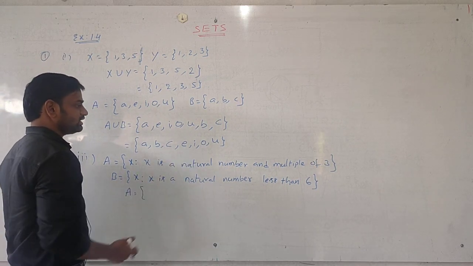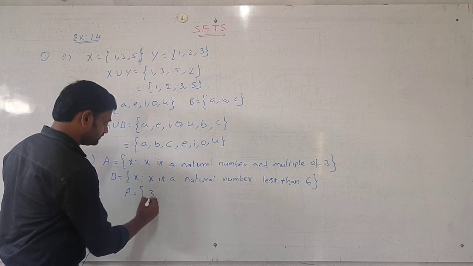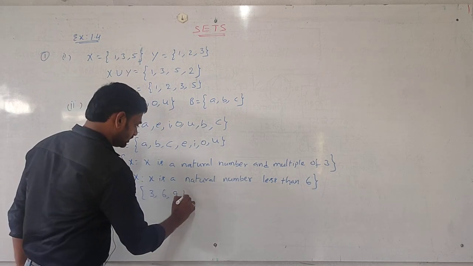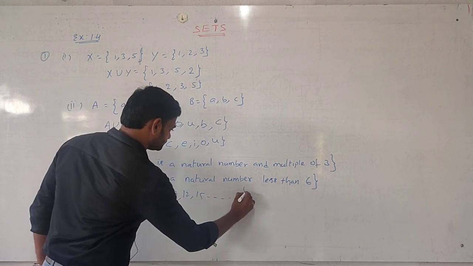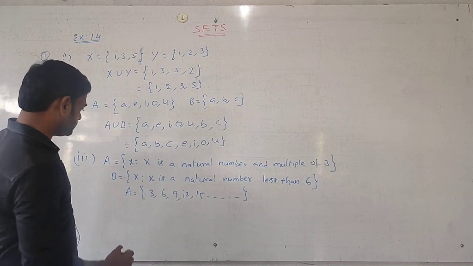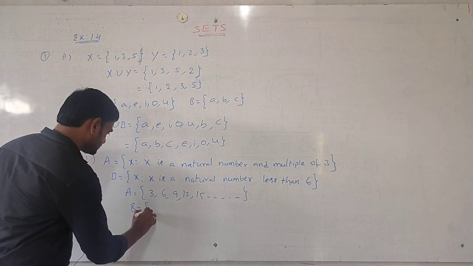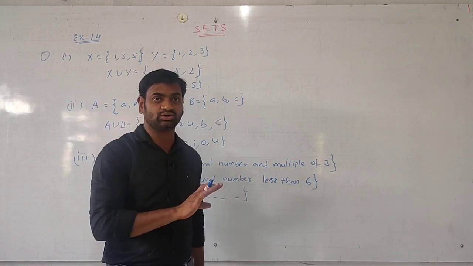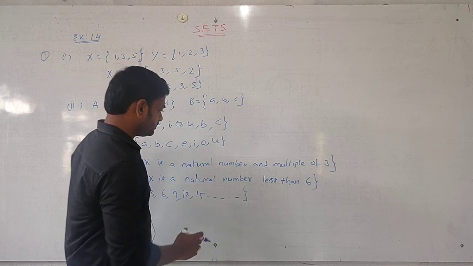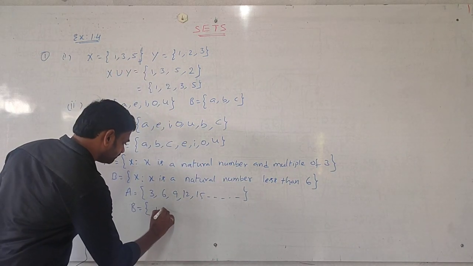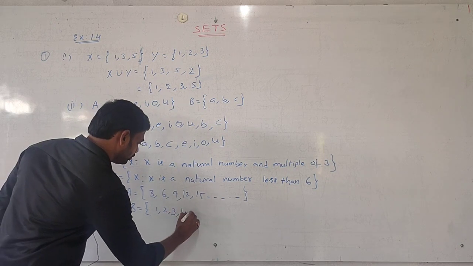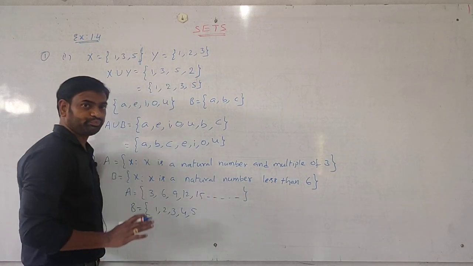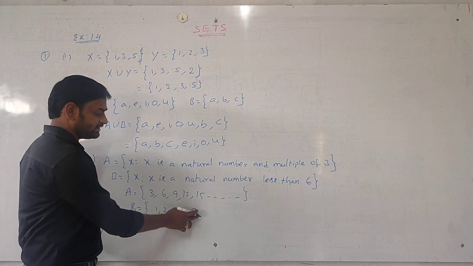So what are the multiples of 3? First 3. Next 6, 9, 12, 15 and so on. So many are there. Next, what is B? In the natural numbers, less than 6, not less than or equal to, it is less than only. So less than 6, which numbers are there? 1, 2, 3, 4, 5. Don't write 6. Here it doesn't give equal. Less than or equal to means then you can write 6.